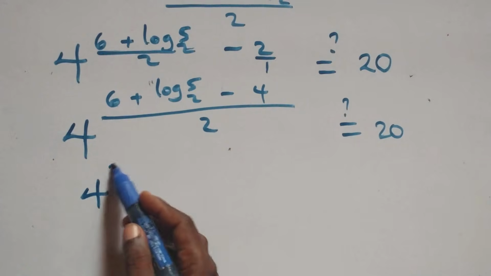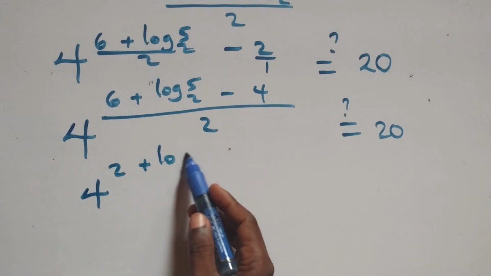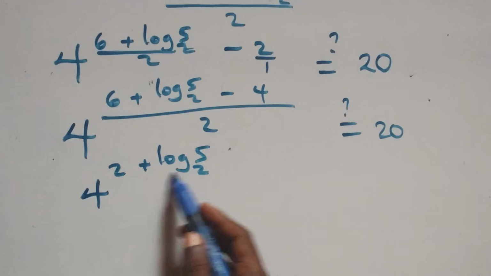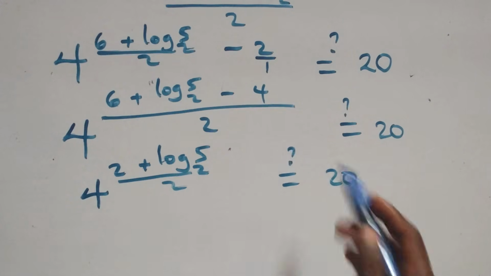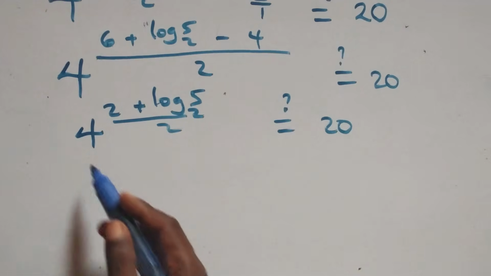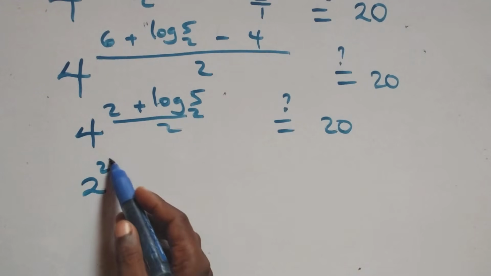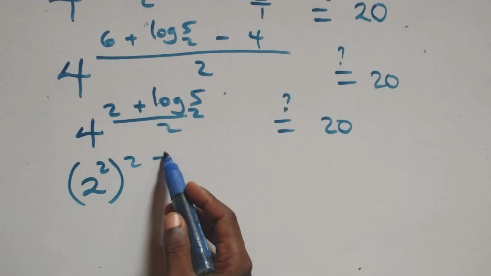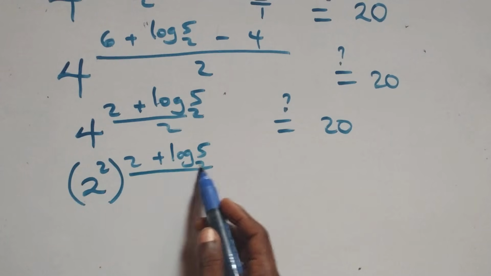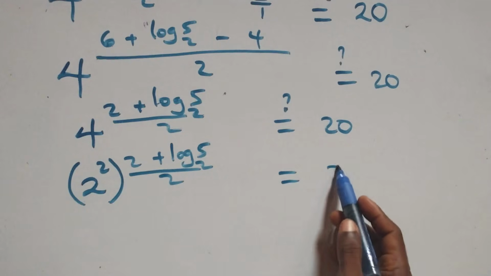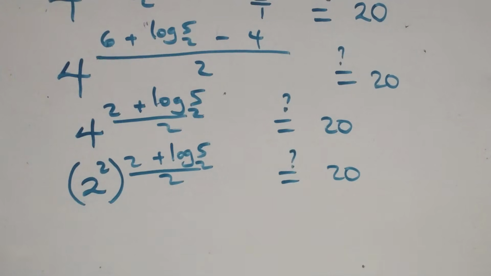We have 4 raised to power 2 plus log 5 base 2 all over 2. Is it equal to 20 on this side? And here, we can write 4 as 2 squared, which is raised to power 2 plus log 5 base 2 all over 2. Is it equal to 20 on this side?